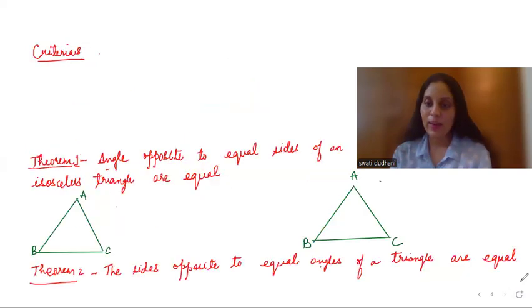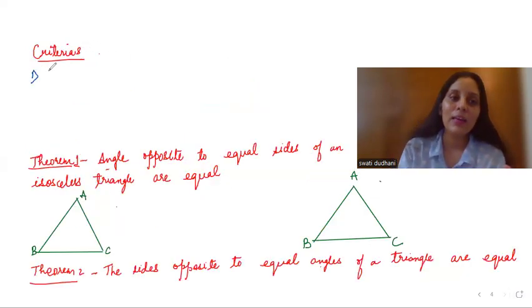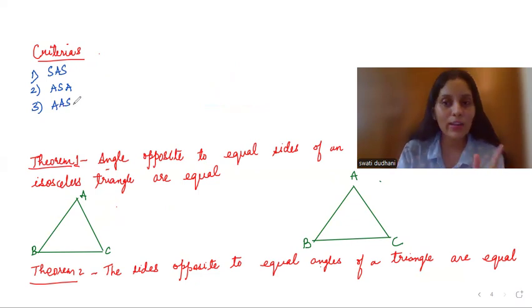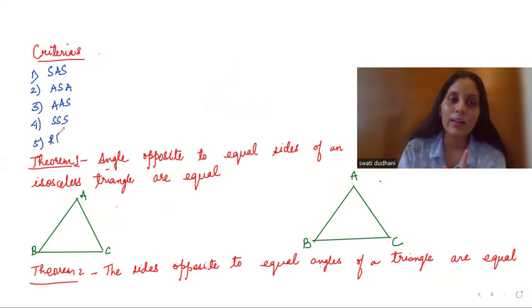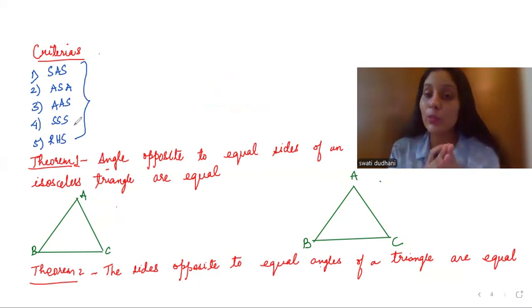Now, what are the 5 criteria that we had seen? It is SAS, ASA, next is AAS, where the side is not included, the side can be any side. Next is SSS. And the last one is RHS. So using these criteria, we can prove the two triangles are congruent.